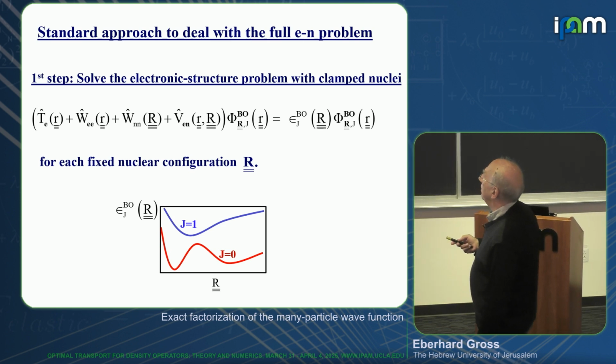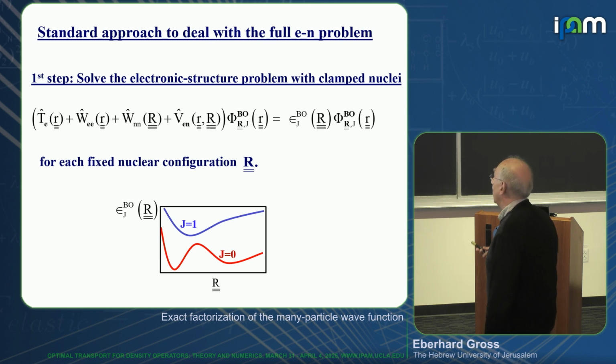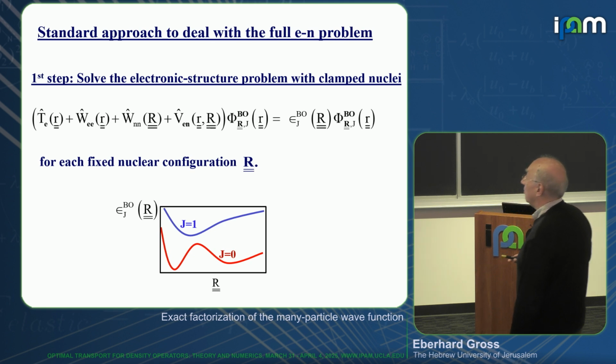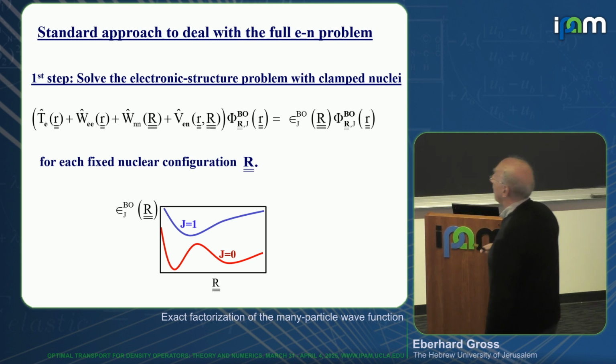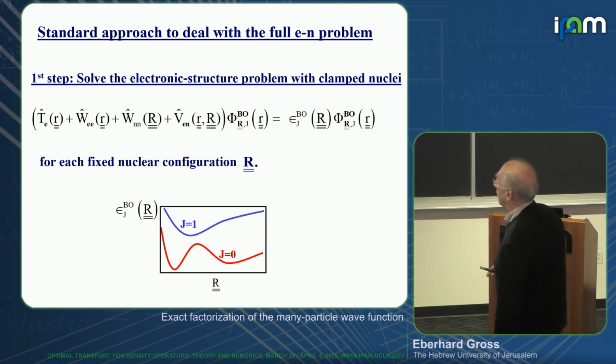So the first step is you solve the electronic problem, the correlated electronic problem for each fixed nuclear positions. Right? And as a consequence, the eigenfunctions are known as Born-Oppenheimer eigenfunctions, and the eigenvalues are functions of the nuclear coordinates.